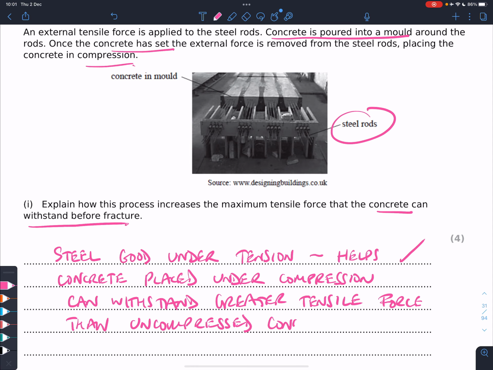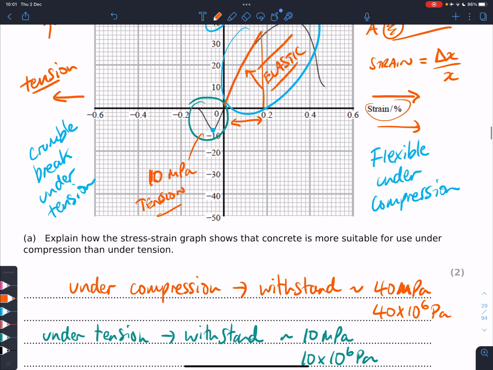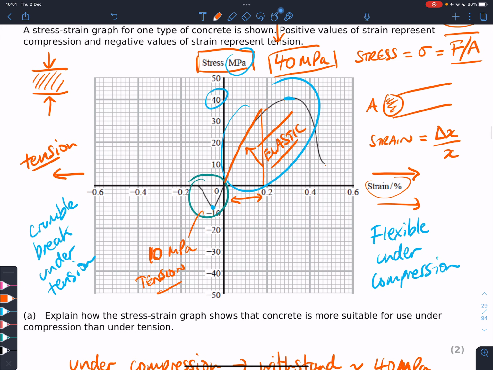If we go to the graph, so let's have a look at the graph now. We go to this graph of concrete. If we place concrete under compression, let's say we're compressing it with about a force divided by area, so it's a stress of about, maybe here, something like 20 megapascals. What that means is that it's starting here, it's not starting at 0, 0.